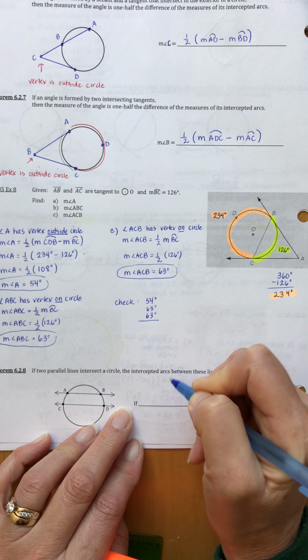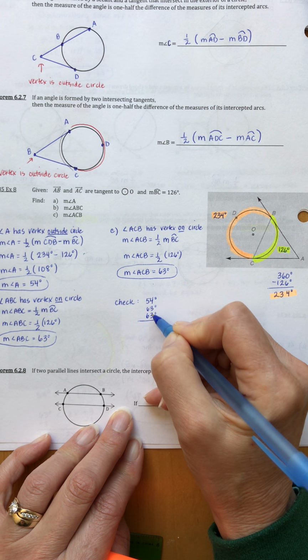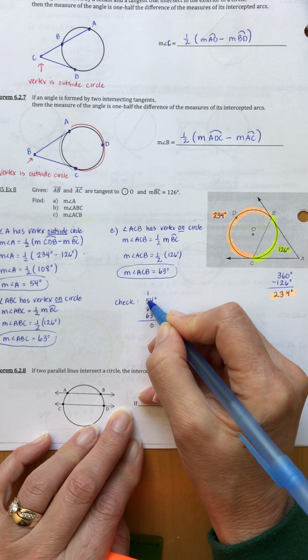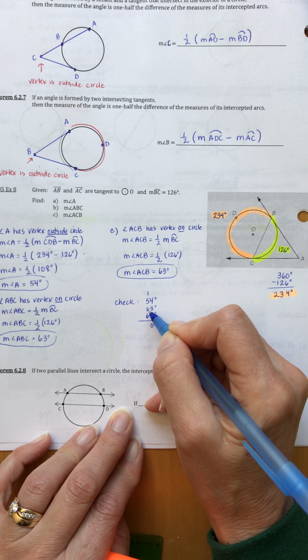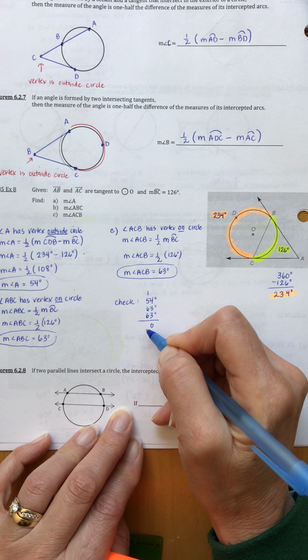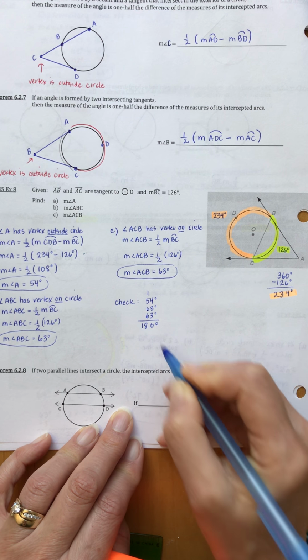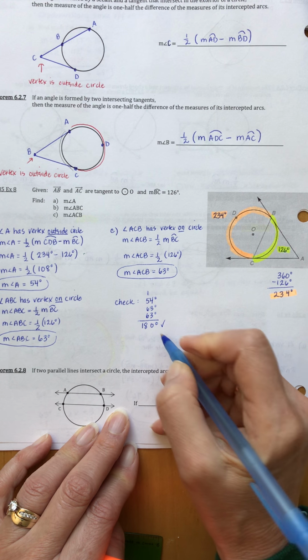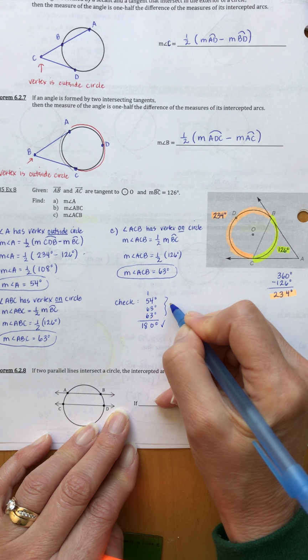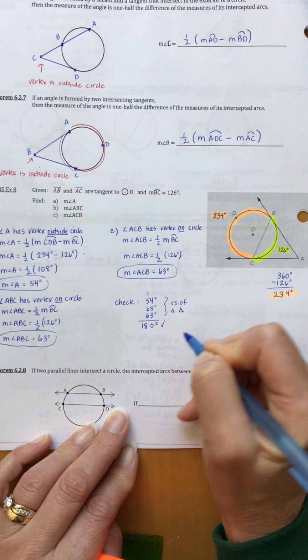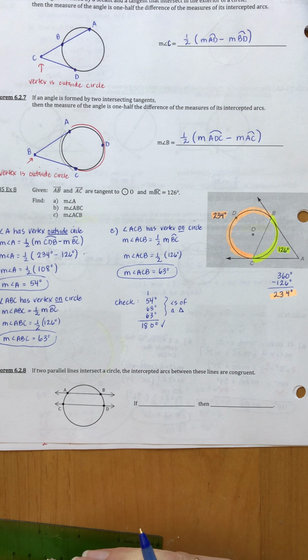And since it's a triangle, what should it equal? Well, let's see. Something went wrong there. 6 and 12 is, I can't add. That's what went wrong. 180 degrees. That's a check because these are the angles of the triangle. Angles of a triangle should add to 180. So that's a good check.